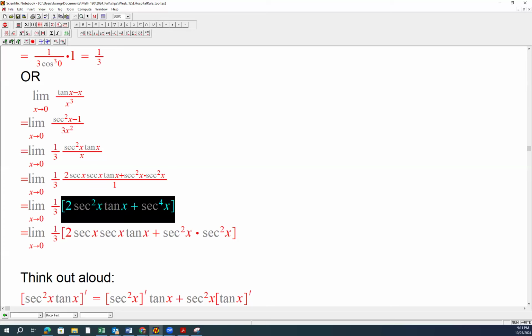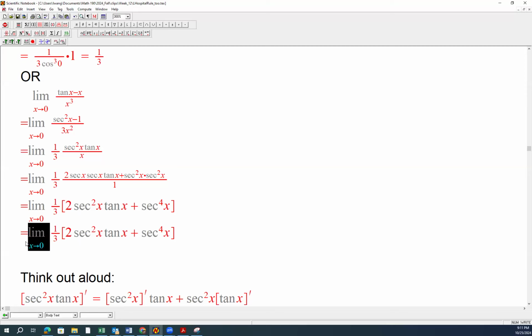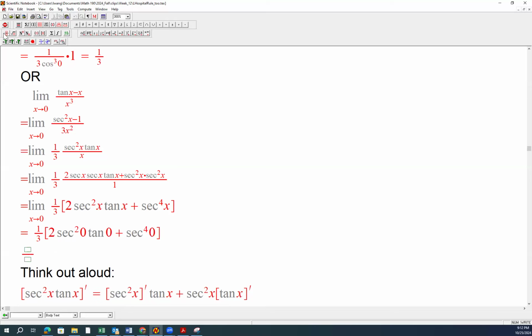So I'm going to just bring this one here, and with direct substitution, we're going to replace x by 0. Secant 0 is 1. Tangent 0 is 0. Secant 0 is 1. So in the end, we still get 1/3.